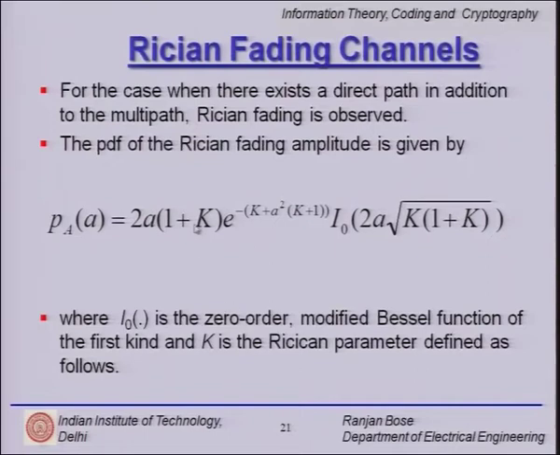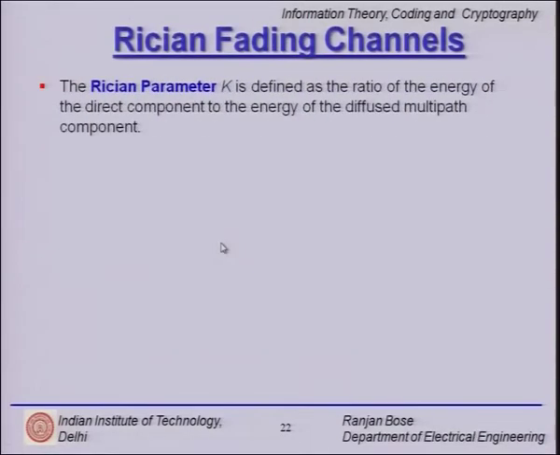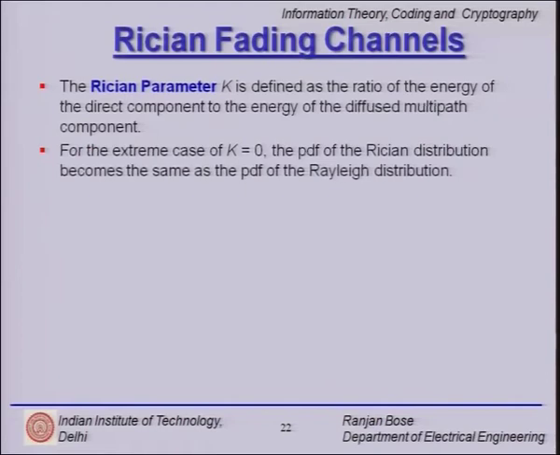So, this K will play an important role, and let us understand what K is. K is the Rician parameter. It is the ratio of the energy of the direct component of the signal to the diffused multipath component.